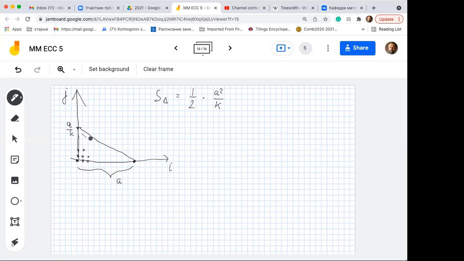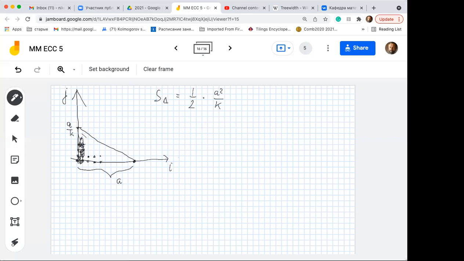This is sort of obvious, because for every pair strictly below that line, we can consider the unit square whose bottom left corner is that pair.